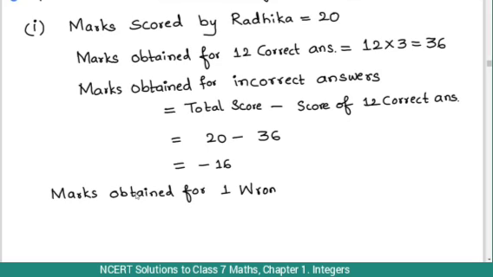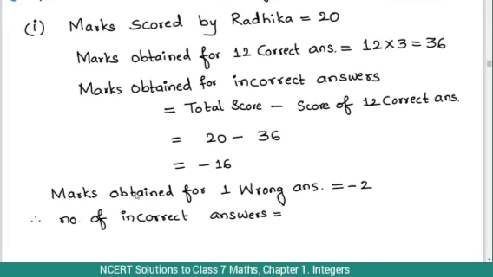Marks obtained for one wrong answer is minus 2. Therefore, number of incorrect answers will be minus 16 divided by minus 2, that is 8.